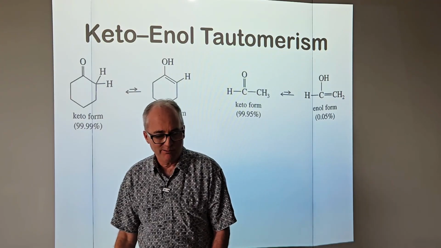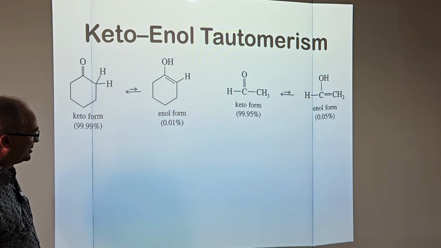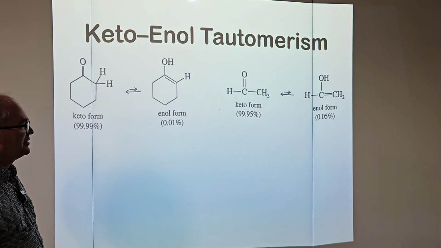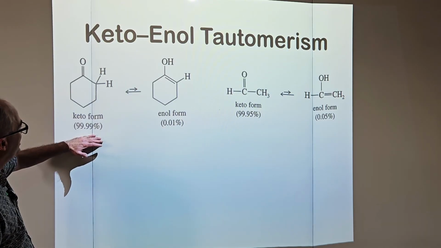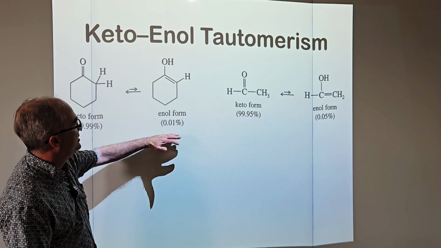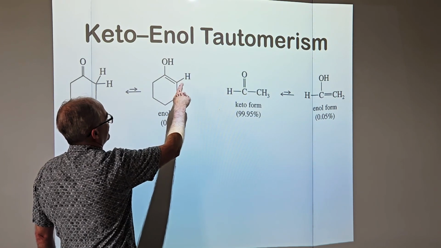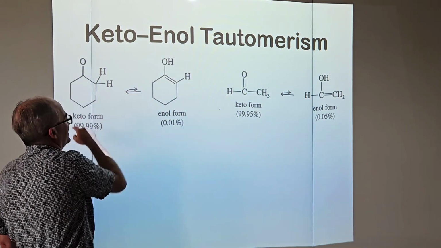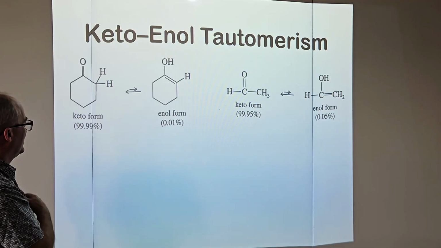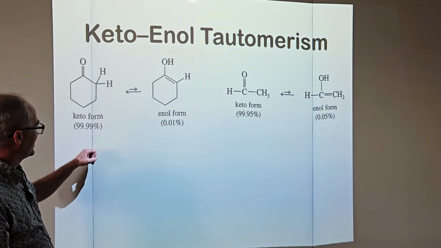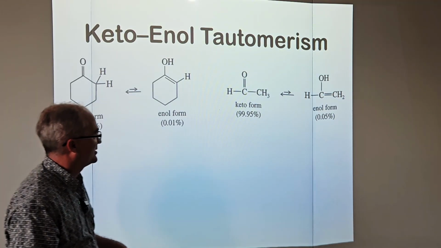So here's what I warmed you up with before, not a chalk talk, but a Expo marker exposition. Here's the keto form. Here's the enol form. So the tautomerization, if that hydrogen would go there, you get your carbonyl carbon back. And you can see the equilibrium process favors this.